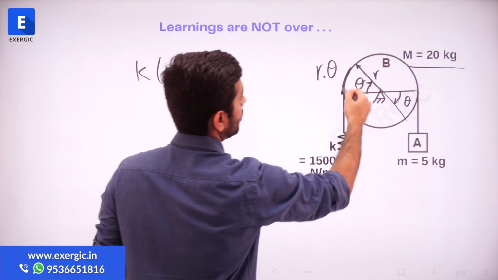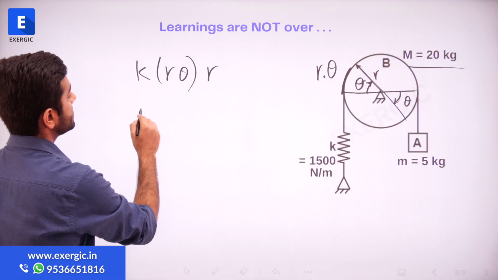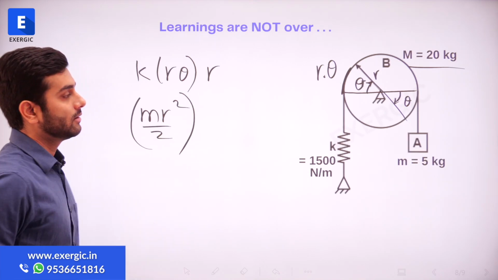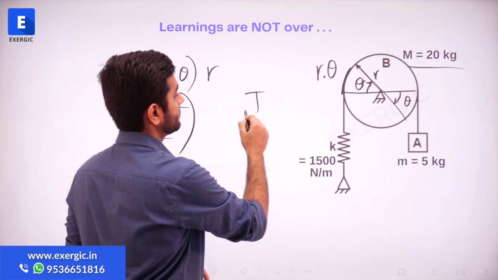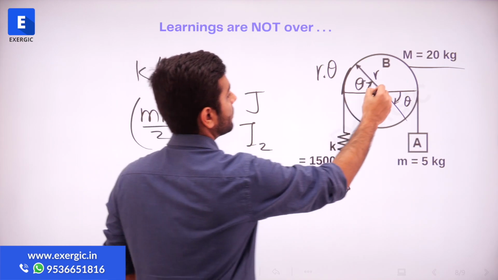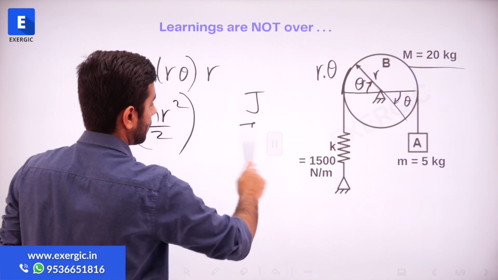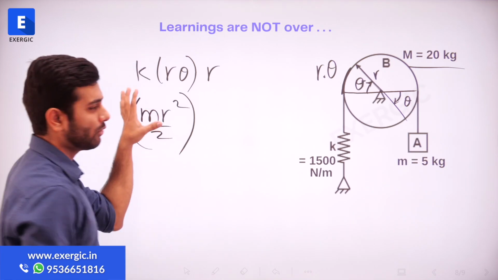Inertial resistance, how much will that be for the pulley? The pulley has I of Mr square by 2, right? This is basically the J value of the pulley, or Iz, about this center. Again, I am not going into detail of these things because we have already discussed them.